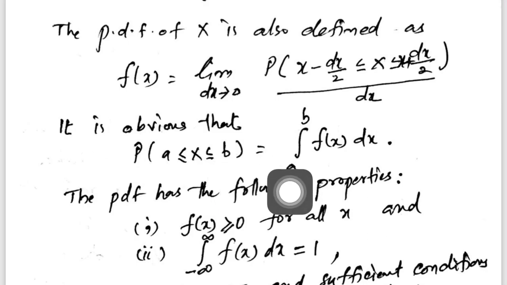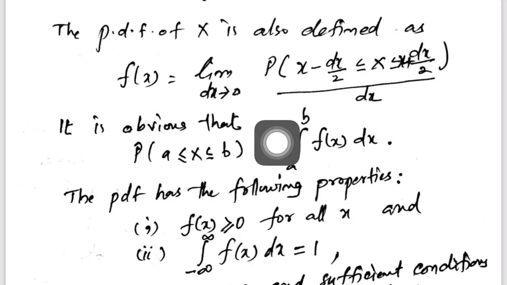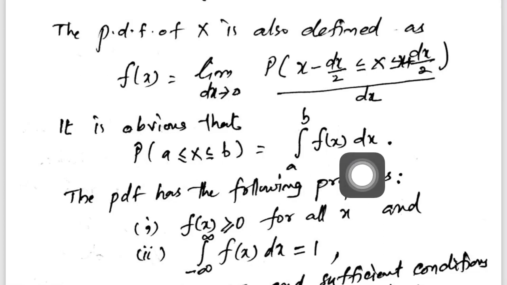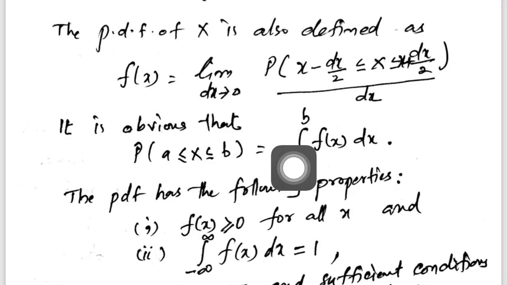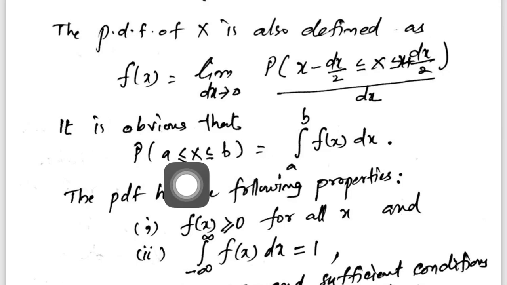On the right hand side, putting b equal to a, the right hand side becomes the integral from a to a of f of x dx. And from calculus you know that the integral from a to a of f of x dx is equal to 0. That is, the right hand side becomes 0 when b is equal to a.